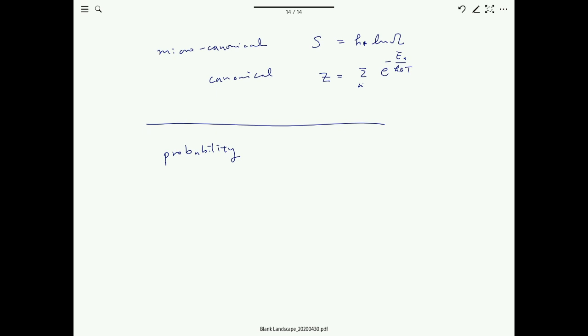Okay, so now let's go to quantum. Again, I still want to say something more about the density matrix in quantum mechanics.